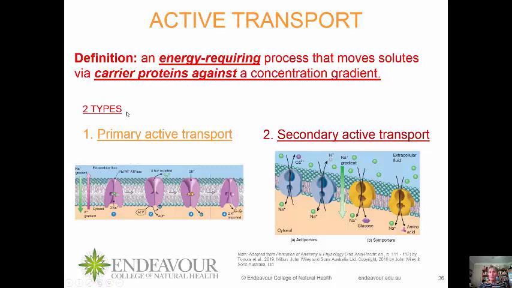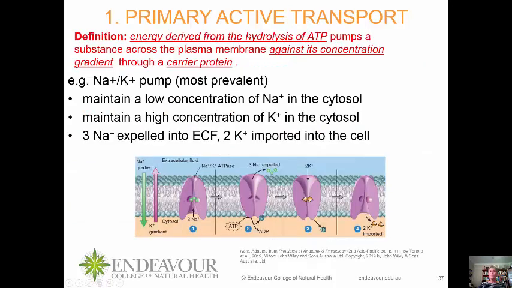There are two types of active transport: primary active transport and secondary active transport. Let's go through both of them. Primary active transport uses the energy derived from the hydrolysis of ATP. Do you remember which organelle produces ATP? It's the mitochondria.